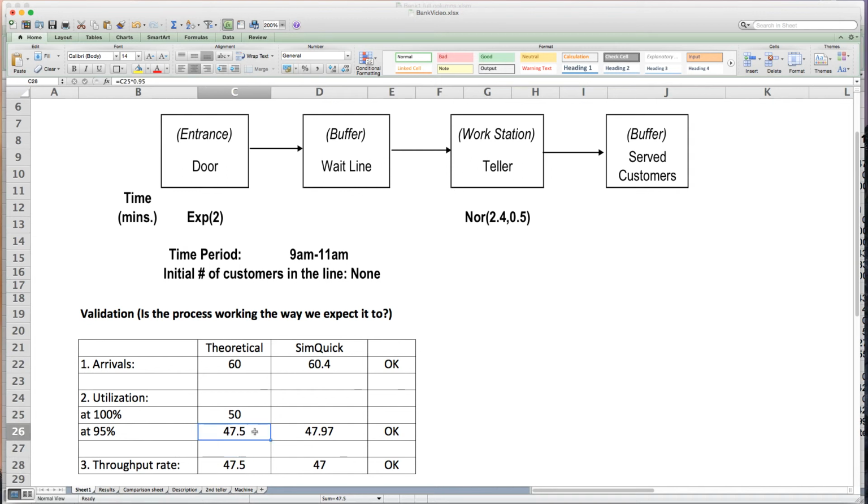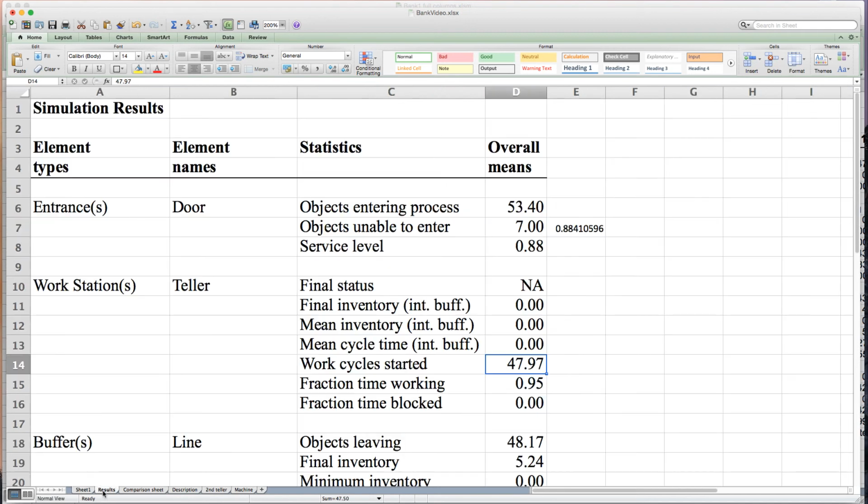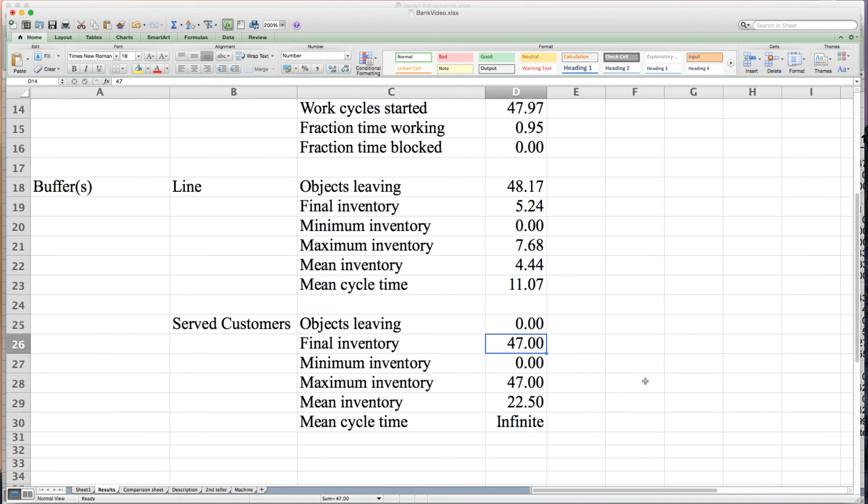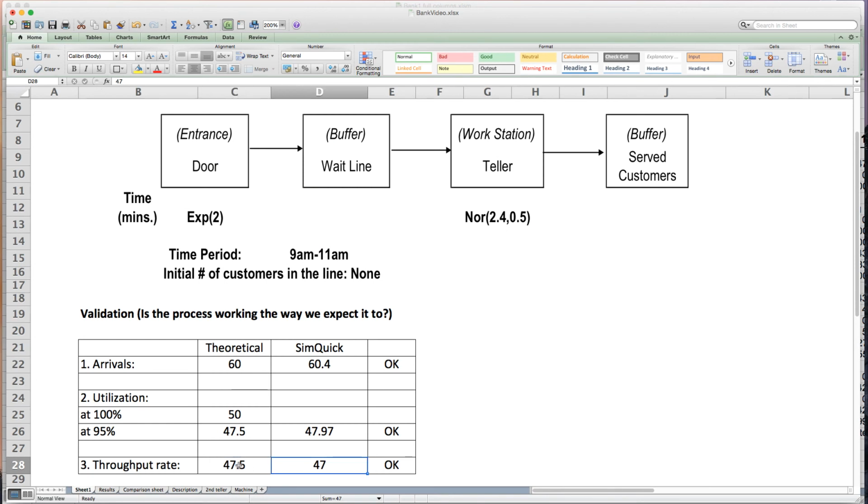So the throughput rate for that employee, theoretically at the 95% utilisation that it's at, is 47.5. And then if we look at the throughput rate for our served customers, you'll see that the final inventory is 47. 47 is approximately equal to 47.5, so we're okay.